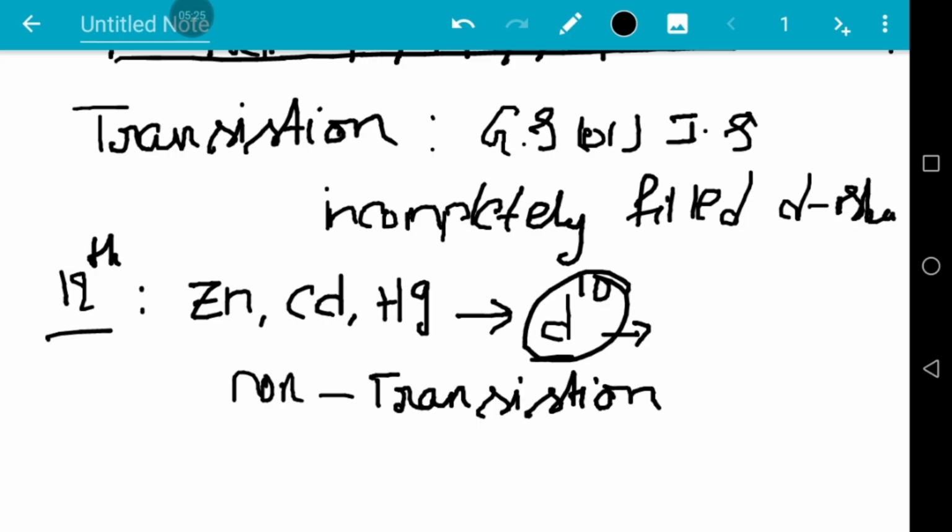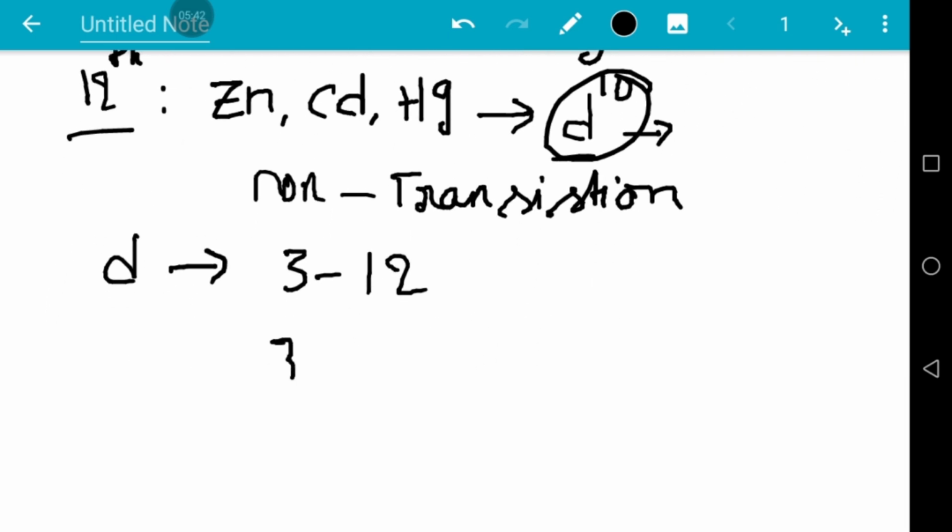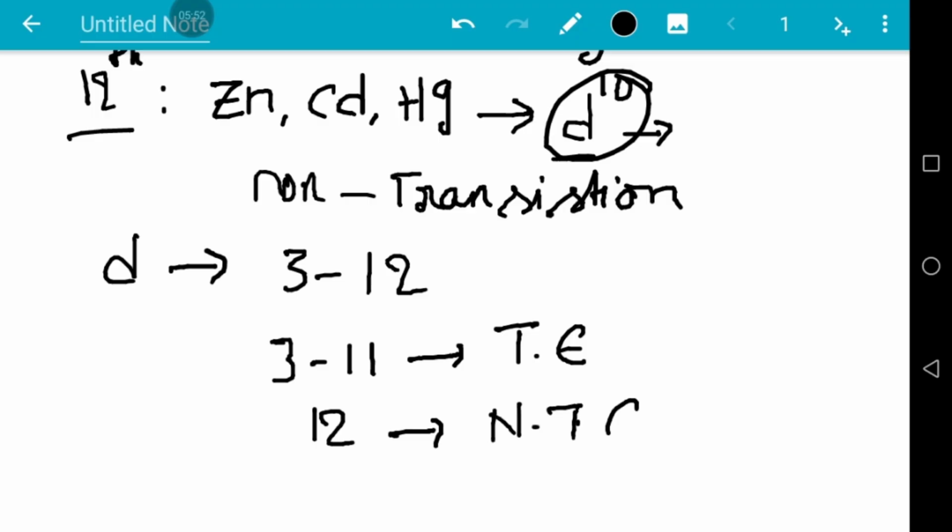The D block is from groups 3 to 12, but only groups 3 to 11 we call transition elements, and only the 12th group we call non-transition elements, because it has d10 configuration, while the remaining have d1 to d9 configuration. So it is an incompletely filled d orbital. That's why these are called transition elements and those are called non-transition elements. So this is about d block elements.